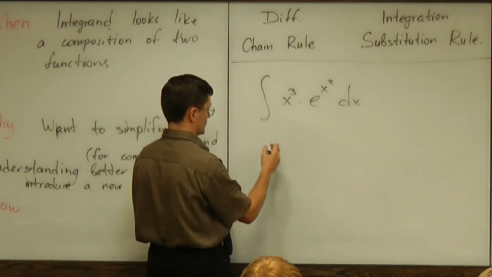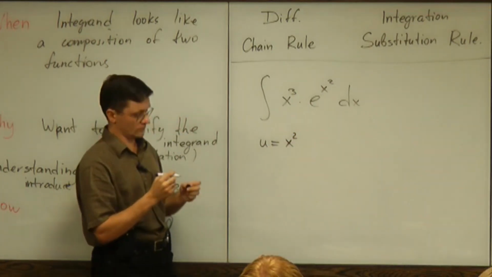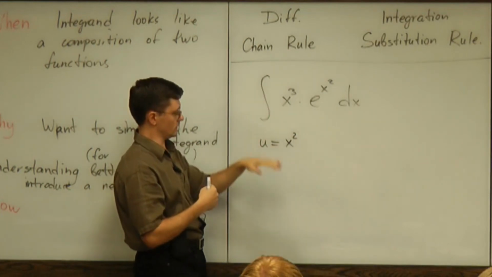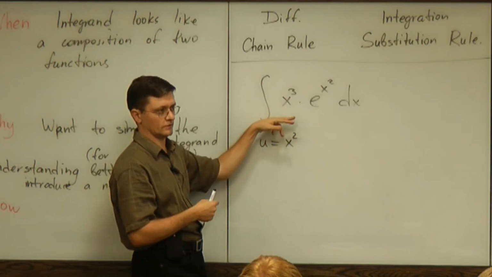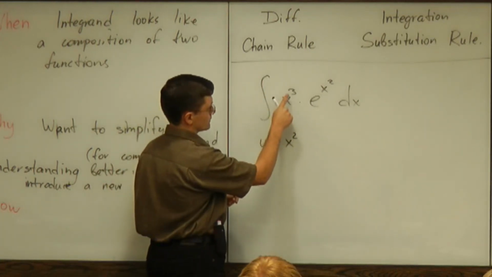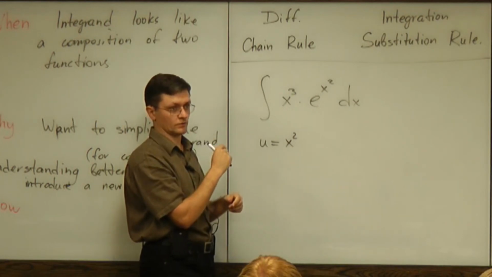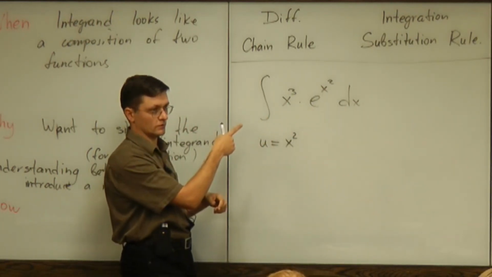So you may want to look at u equals x squared. Of course, when you look at this integrand, it doesn't look like a composition of this function and something else. If it was x squared e to the x squared, it would be a composition. It would be u times e to the power u. But now it is not.